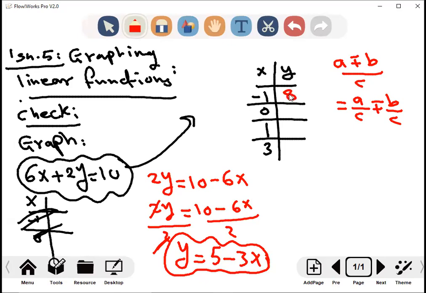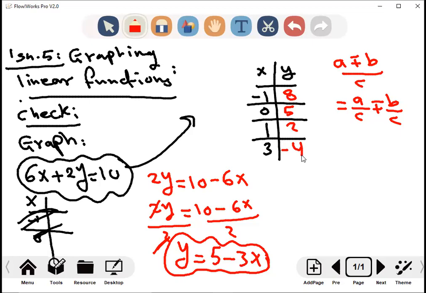Now replace x by the value of 0, right? Are you with me? 3 by 0 is 0. 5 minus 0 is 5. So fill in here 5. Replace x by the value of 1. 3 by 1 is 3. 5 minus 3 is 2. And for 3, 3 by 3 is 9. 5 minus 9 is -4. Excellent.